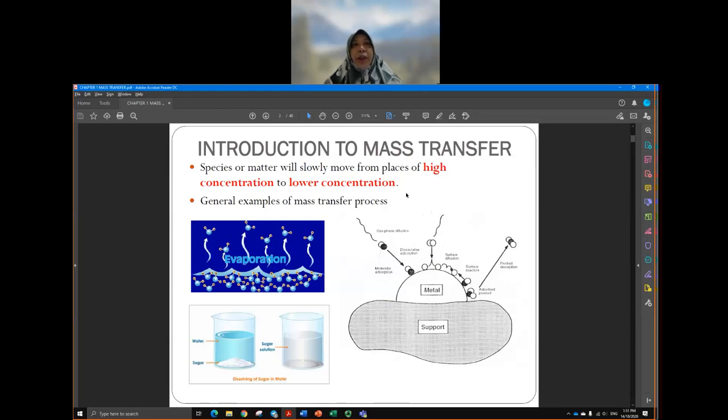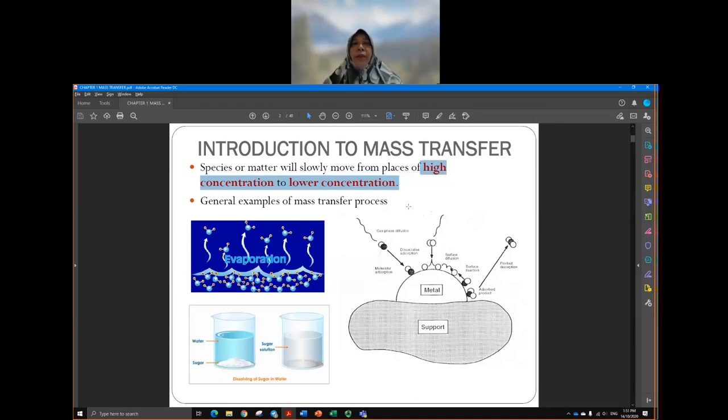We are talking about species or matter that will slowly move from one place to another due to the concentration gradient. How do the particles move? They move from higher concentration to lower concentration, which is called the concentration gradient.